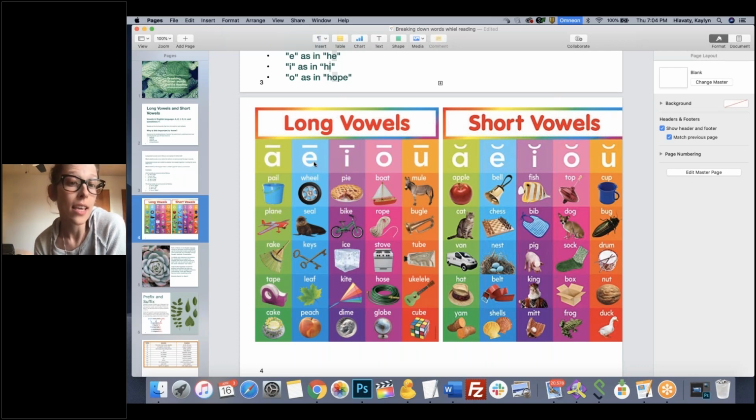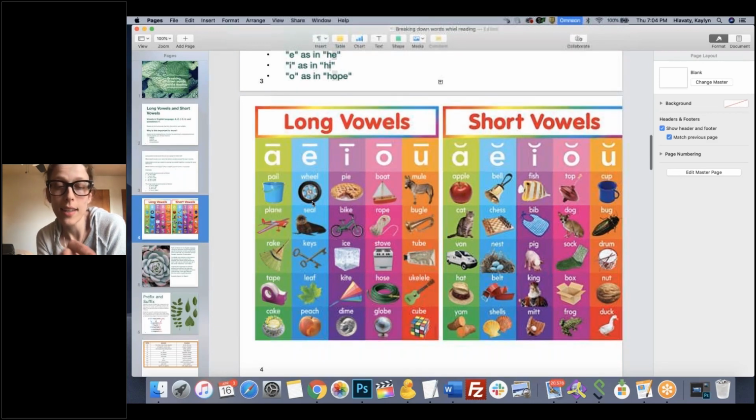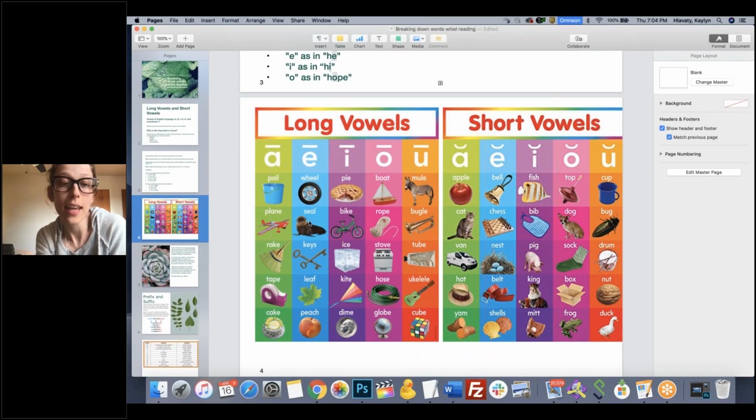For the long E sounds, it would be wheel. Again, it's two vowels together, double E. Seal, again, the E and A signal to you that it's not going to be sell, it would be seal.